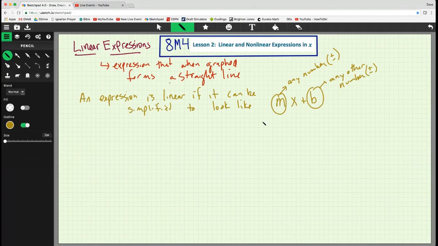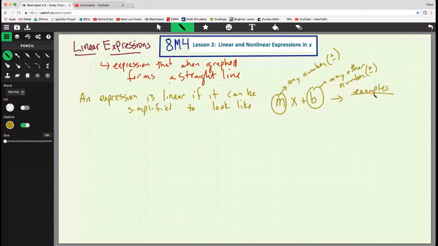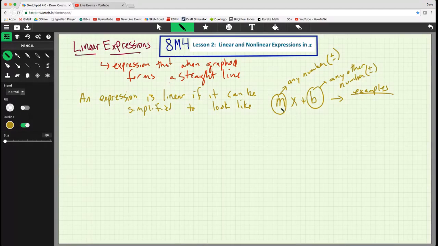So, for example, these are all examples of expressions that have this form. Let's look. 2x plus 1, because that's any number times x plus another number. How about this one? 4x.